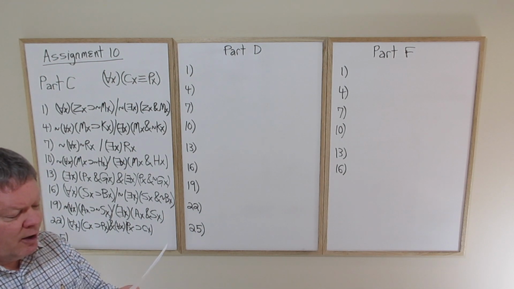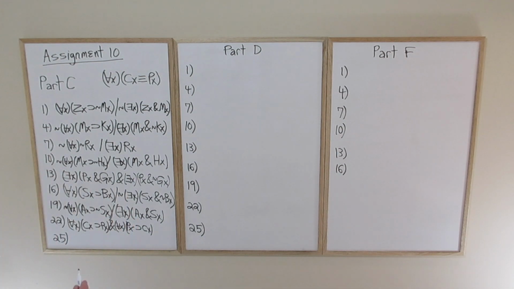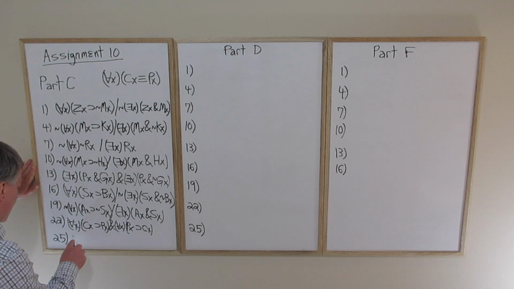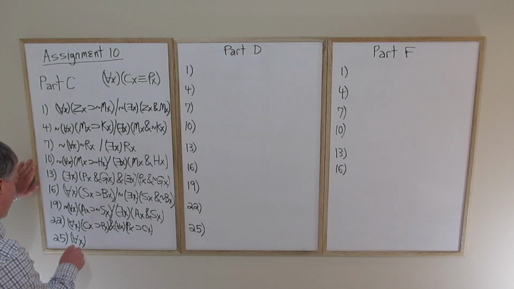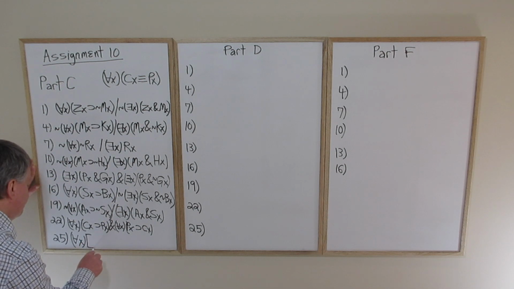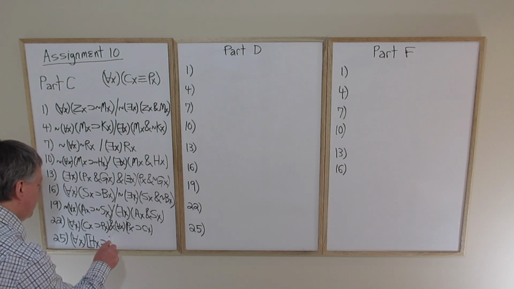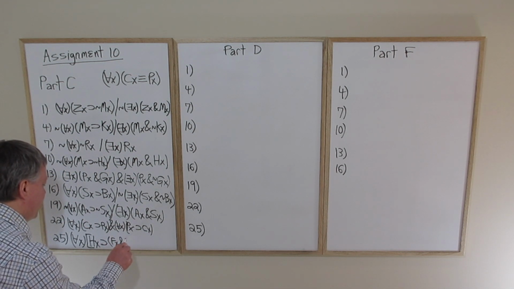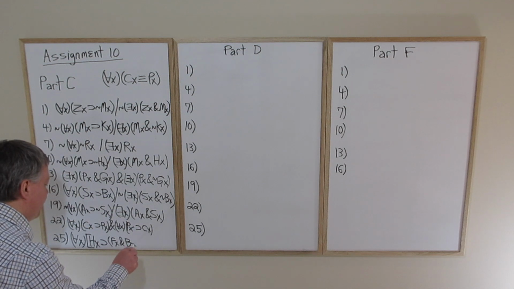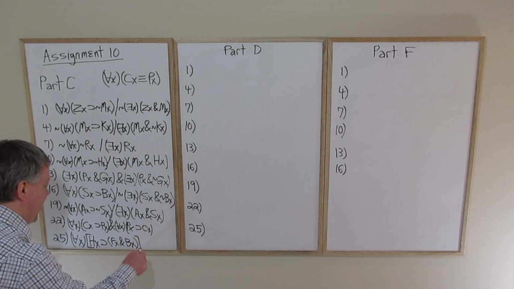Humans are featherless bipeds. Here we're adding one more level of complication. All x are such that if X is a human, then X is both featherless and X is a biped.